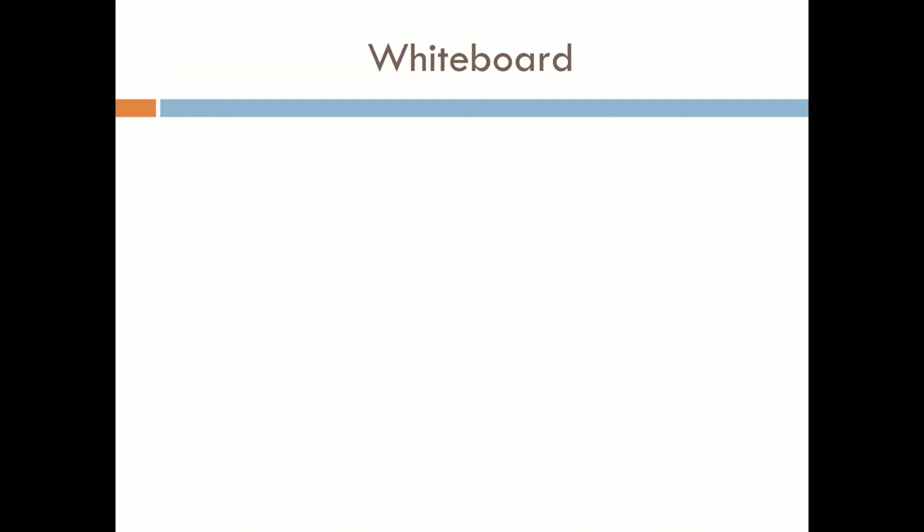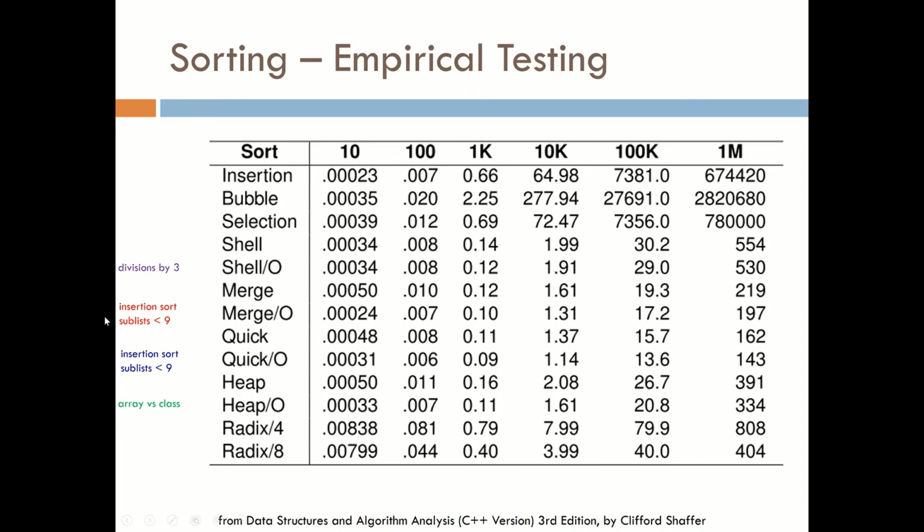For merge sort, the insertion sort kicks in whenever the sublists are less than length 9, and that's the optimization that was made.